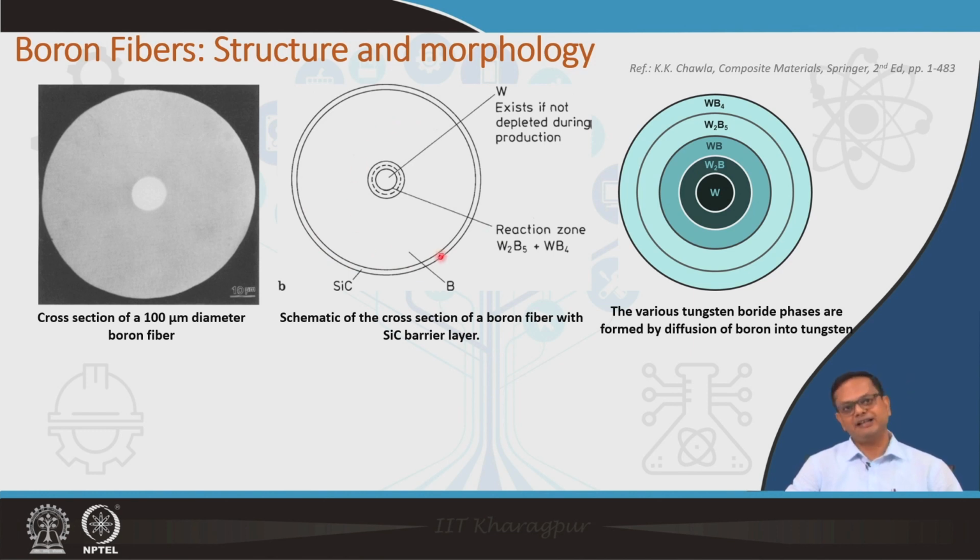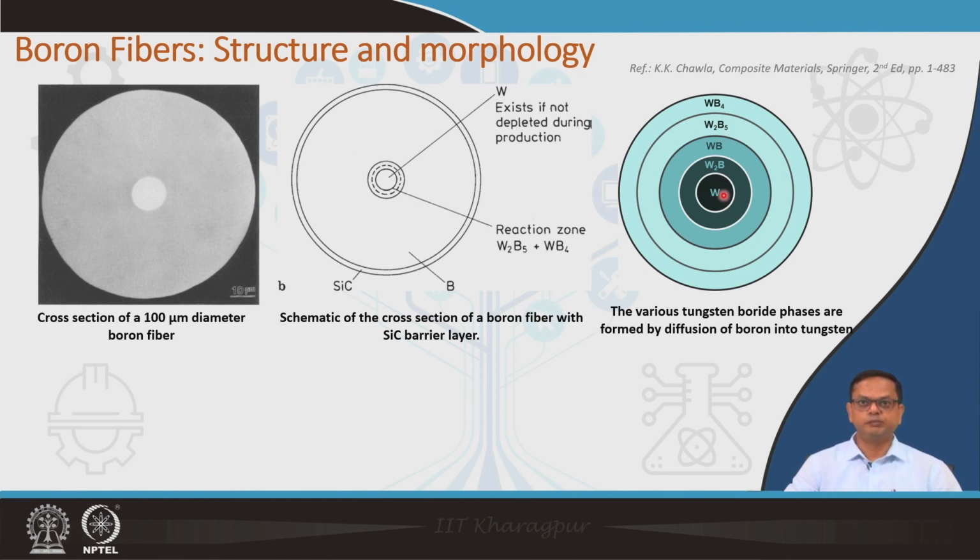Another interesting fact here is that as this process of boron fiber synthesis is a high temperature process, there will be reaction, or partial dissolution, of boron into tungsten. The tungsten core, which was around 10 to 12 micrometer as I mentioned in the beginning, increases in diameter because of the reaction with boron, and different tungsten boron compounds get formed.